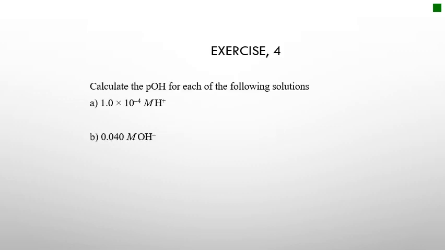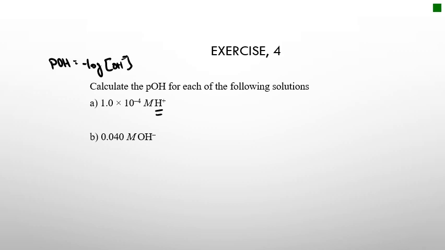So next we're going to solve for the pOH of a solution. So you'll notice in this first problem we have the concentration of H+ given, but we know pOH is the negative log of the OH- concentration. So we have a slight problem here. We need to get from H+ to OH-. Now we have a couple of different options.